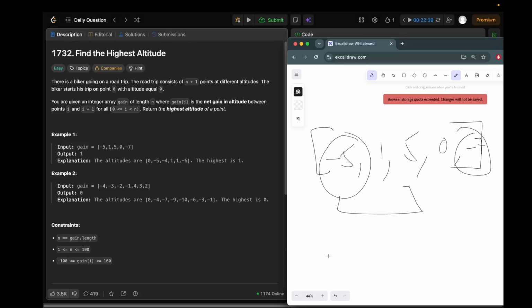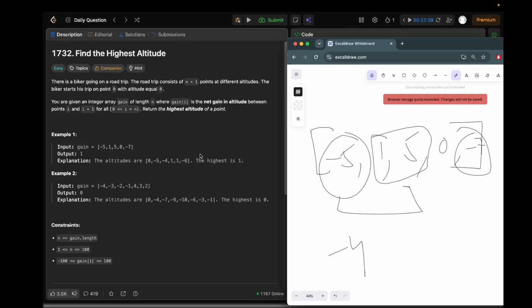So here the altitude gain is minus 4 from 1 to 5. No. You're given an integer array, gain[i] is the net gain in altitude between points i and i plus 1.